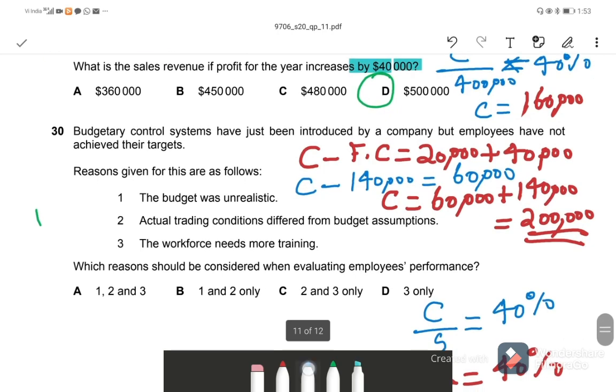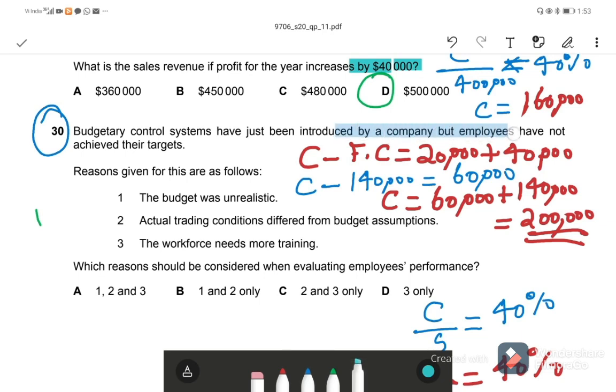Next, the last question, question number 30. A budgetary control system has just been introduced by a company, but employees have not achieved their targets. Reasons given for this are: the budget was unrealistic, actual trading conditions differed from budget, the workforce needs more training.